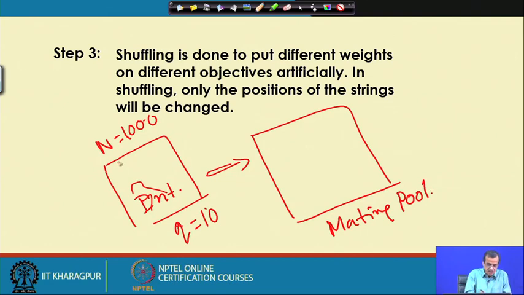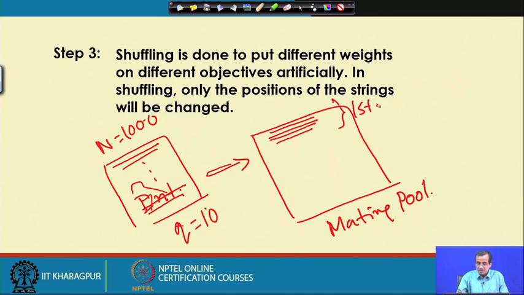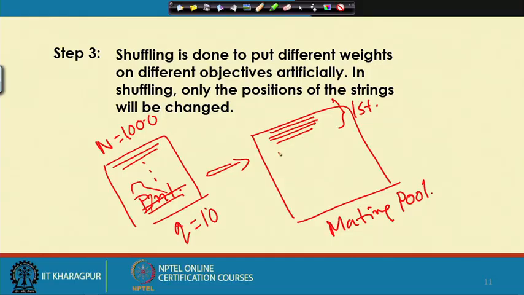Supposing that this is binary coded, we have a large number of solutions here. We concentrate on the first objective and carry out proportionate selection, and we will get the first subpopulation, and this subpopulation is very good in terms of the first objective function only, but it may not be so good with respect to the other objectives. Next, I concentrate on the second objective and form one subpopulation.